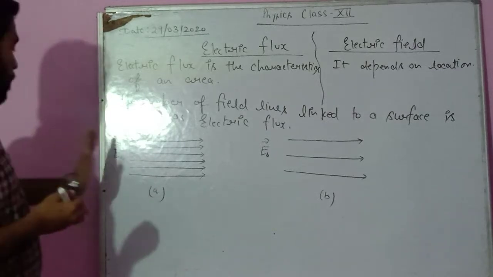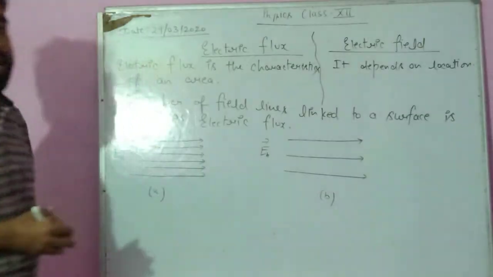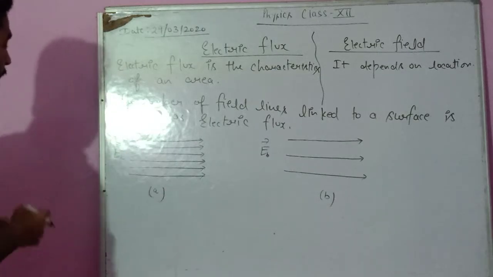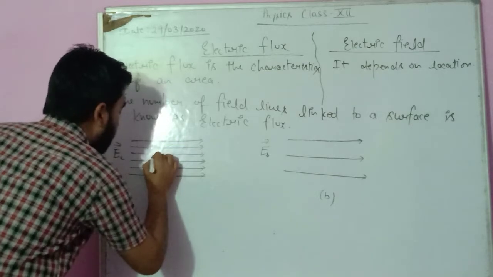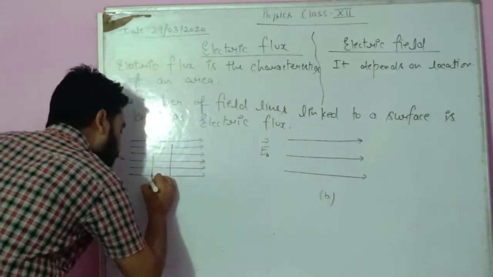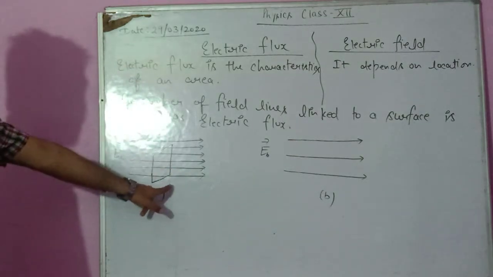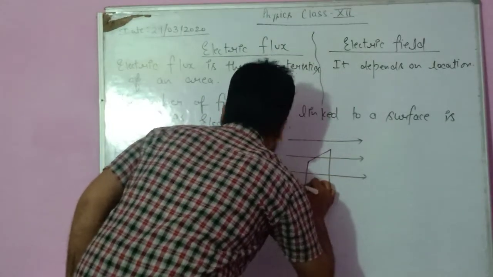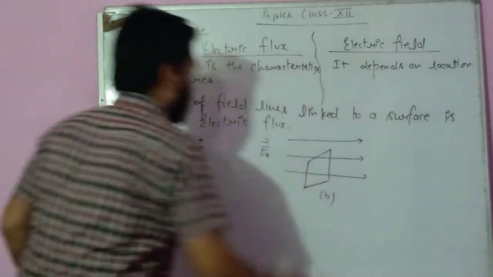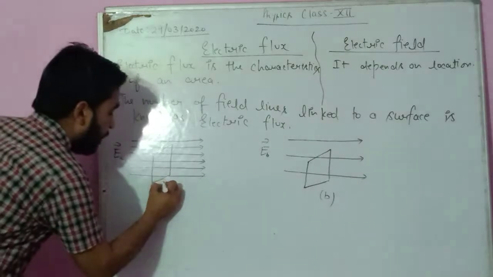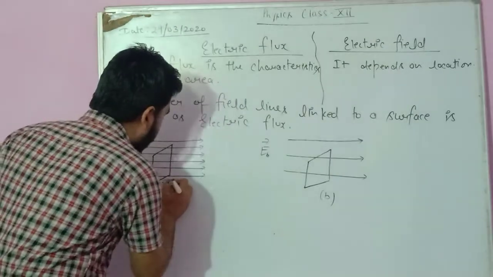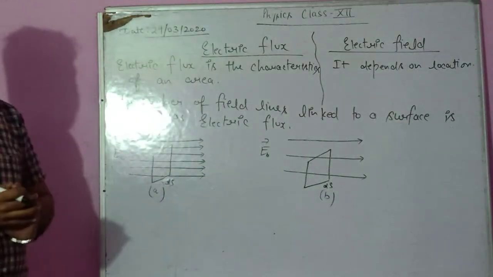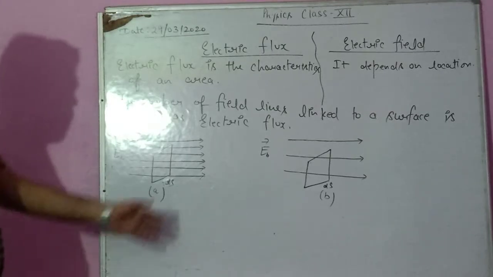If we have a surface on this particular area, then we have to check how many field lines will pass through the surface. So what I am currently doing is keeping one particular area. Firstly I have kept it in location A, and the same area I am keeping in location B. This area we can name as DS, because it is a surface area, and a small surface we are keeping, so I am naming it DS.